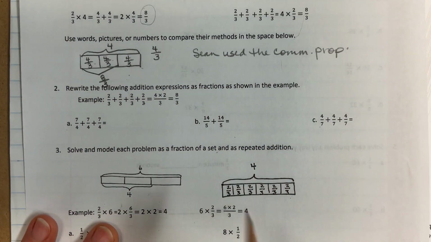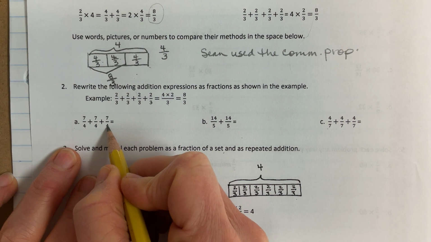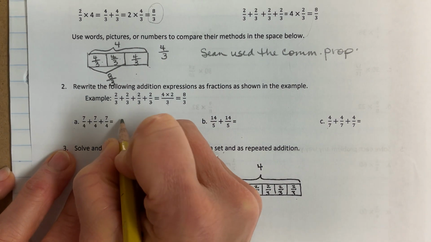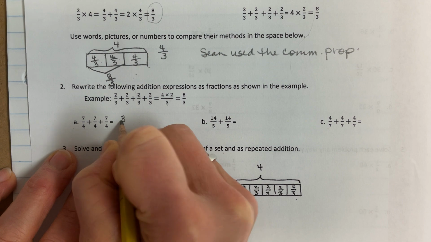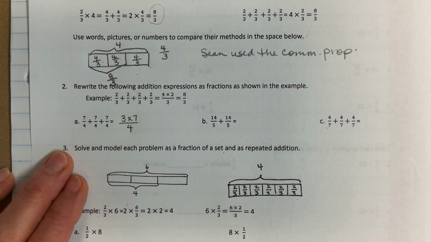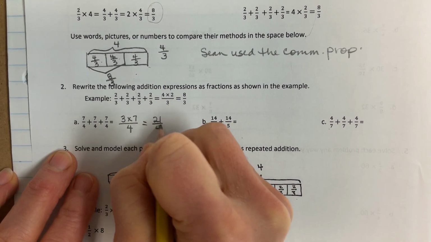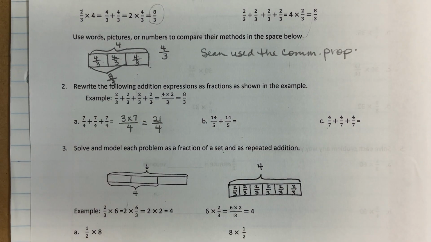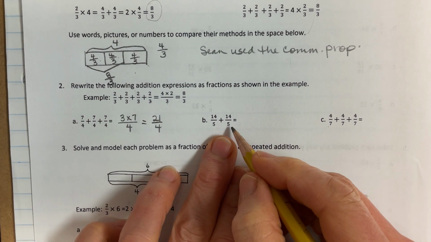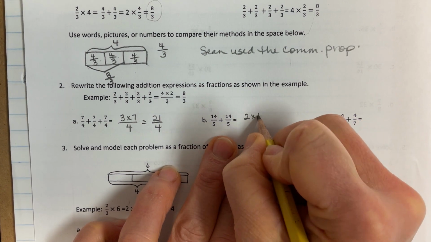Okay, so if we have 7/4, 7/4, 7/4, that's 3 groups of 7/4. Okay, so that 3 groups of 7, I'll put in the top in the numerator. And 3 times 7 is 21/4 is how many I would have there. Okay, 14/5 and 14/5. I have 2 groups of 14/5.